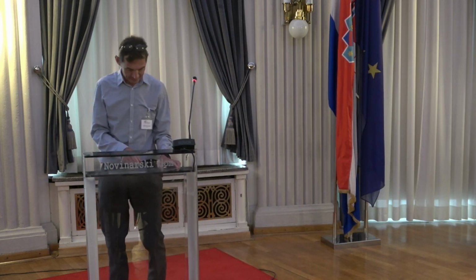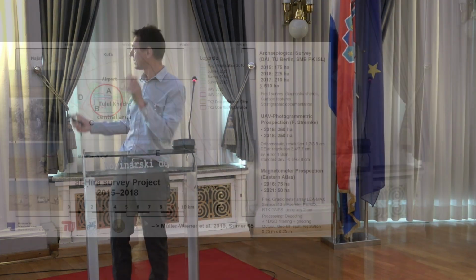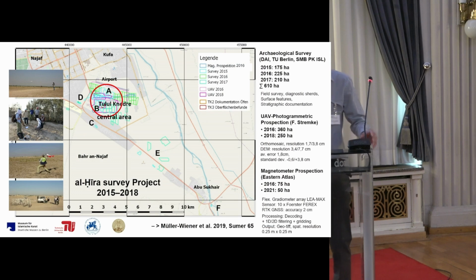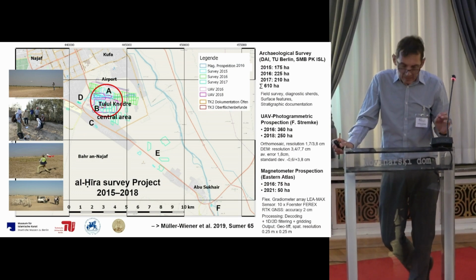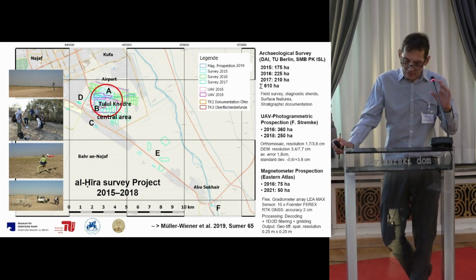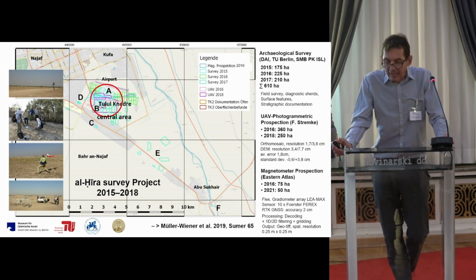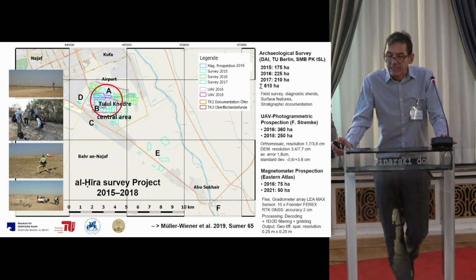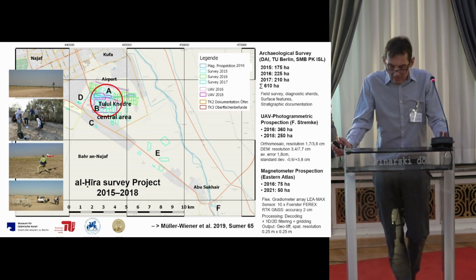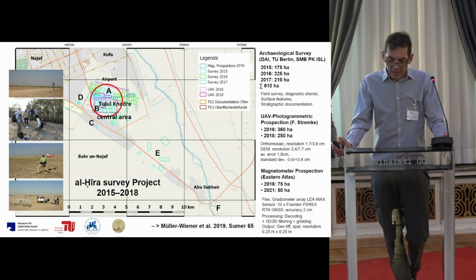Okay. We have to hurry a bit, I'm afraid. The settlement of al-Ḥīra is located near Najaf in present-day Iraq, about 160 kilometers south of Baghdad.